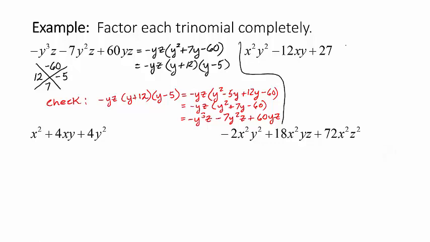Now, let's look at x squared y squared minus 12xy plus 27. In this case, we don't have a GCF that we can pull out, because that last term is a constant, just 27, and the first term doesn't have any numbers in it. But we notice that we've got two variables going on, both the x and the y.